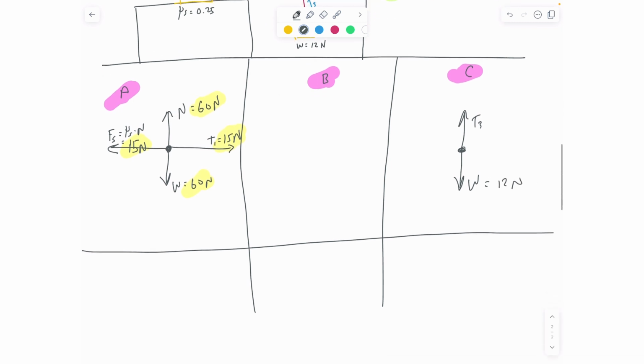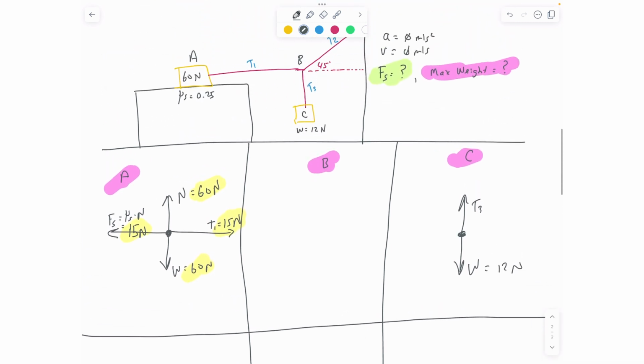Because this is 12 newtons on the bottom, and it's currently not accelerating at all, this is also 12 newtons. Let me color that one as well. So we have this one and this one, and this is the weight of block C.